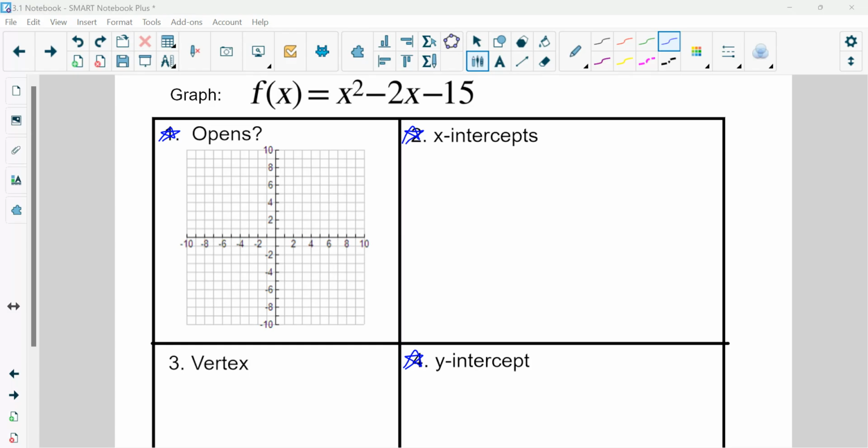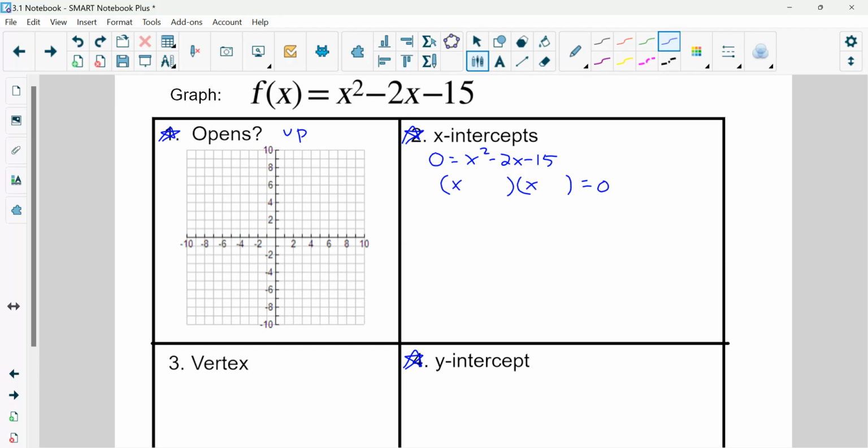All right, so how will this one open? It's going to open up. There's a positive in front. To get our x-intercepts, again, we're putting 0 in for the f of x, and we'd have to factor. There's no GCF, so we can just start factoring right away.